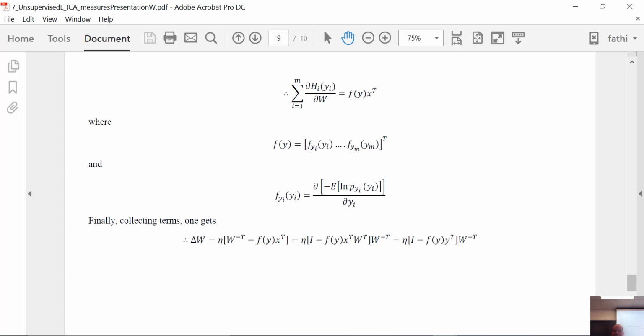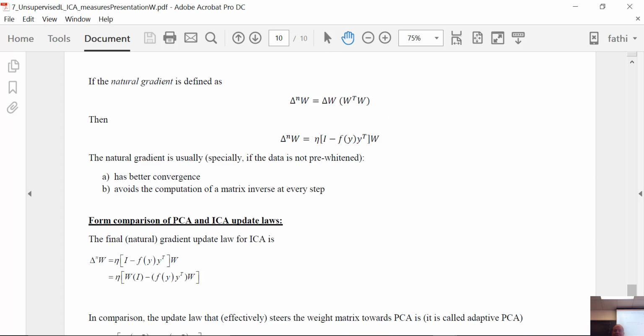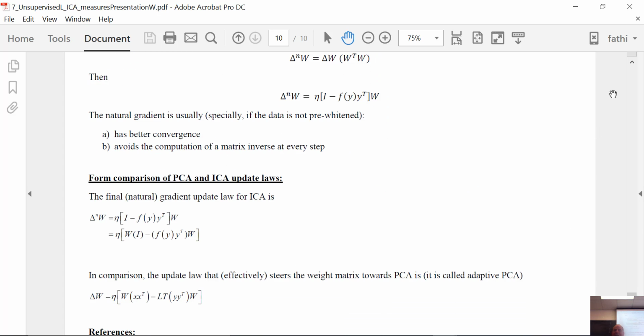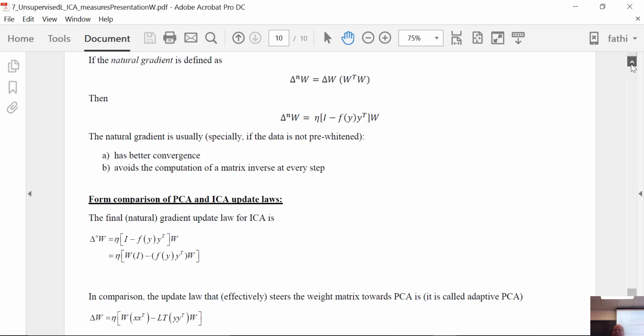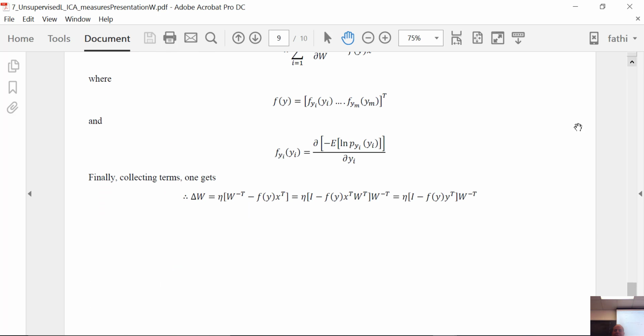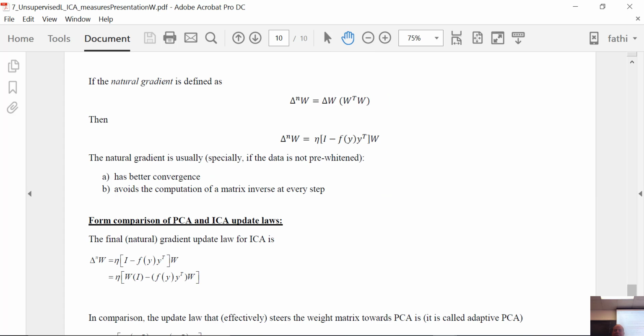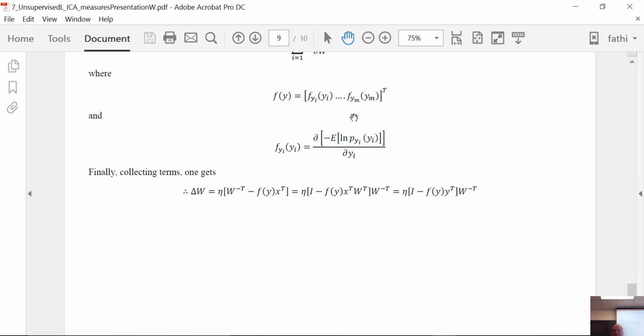So the calculations are really straightforward, but basic calculus that you have to know this expression.